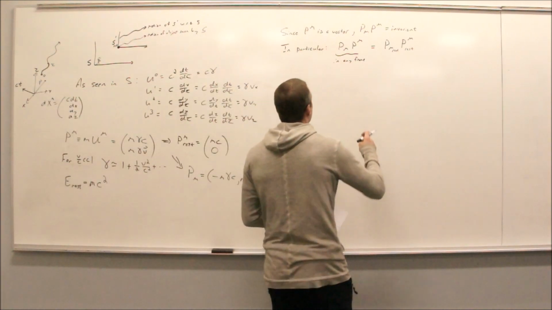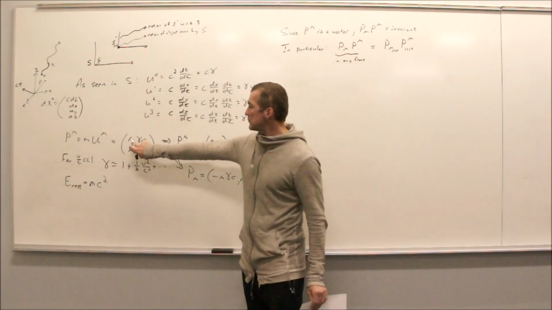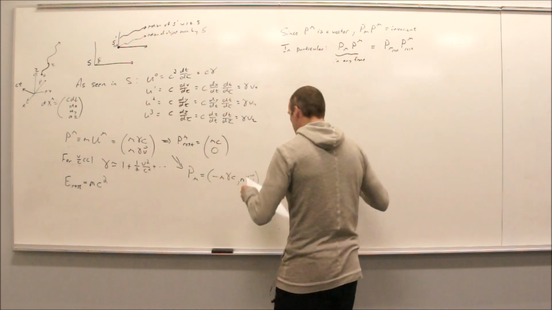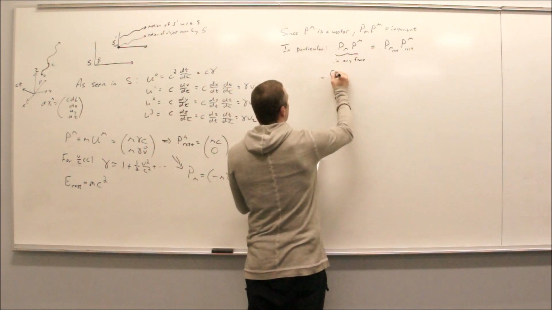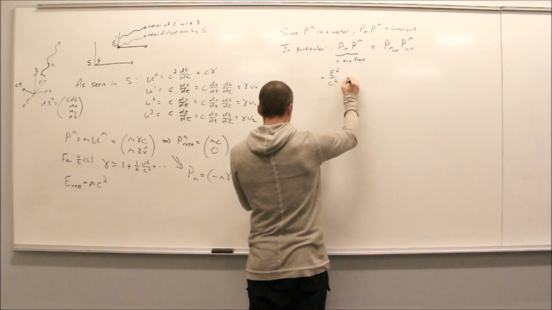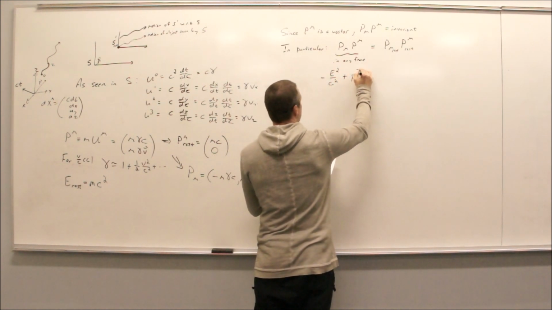Let's just do it. If you do P mu P mu, then you're going to get minus E squared over C squared plus the spatial momentum squared.